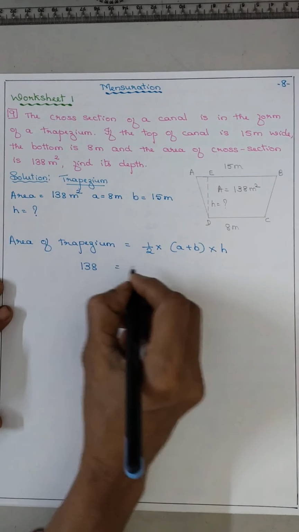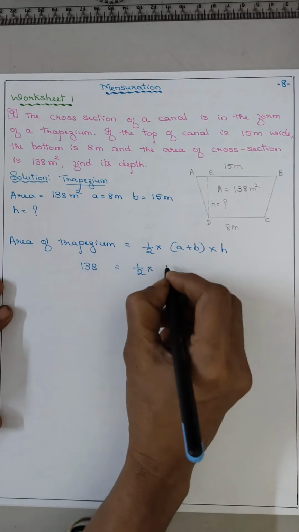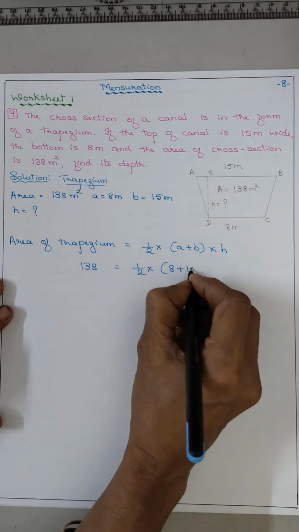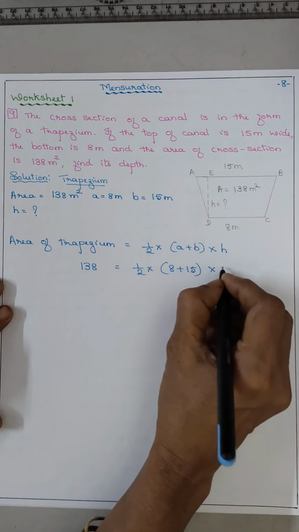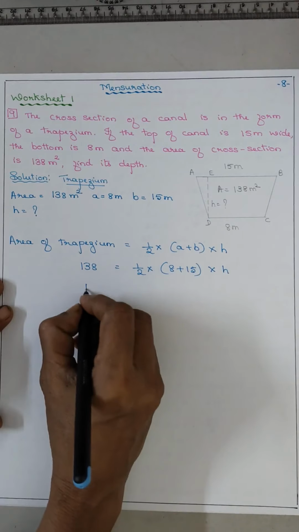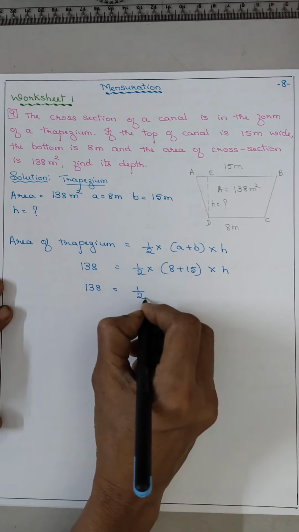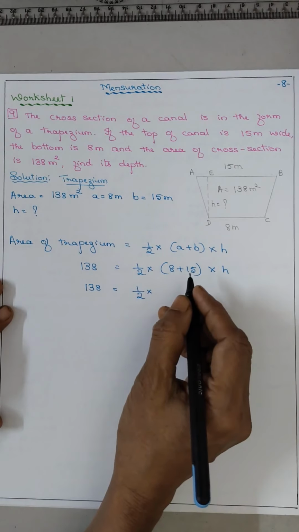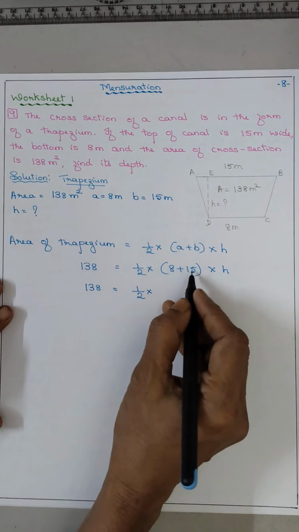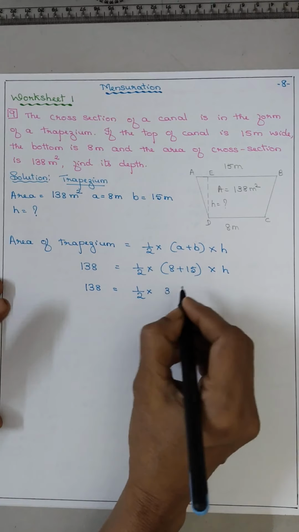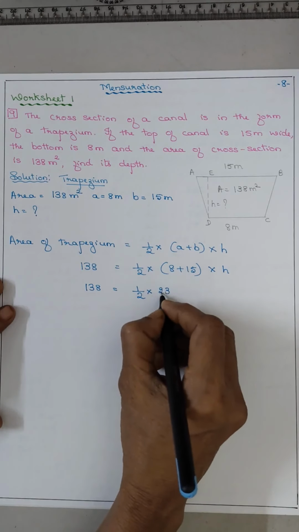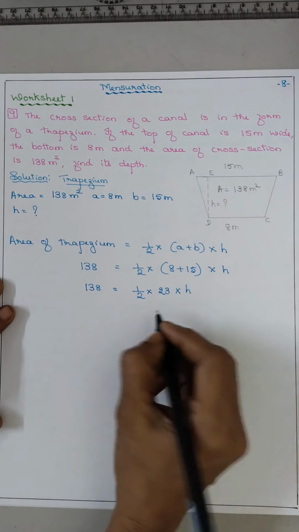138 is equal to half into 8 plus 15 into height. 138 is equal to half into 8 plus 15. 8, 9, 10, 3 plus 1 plus 1, 2 into height.